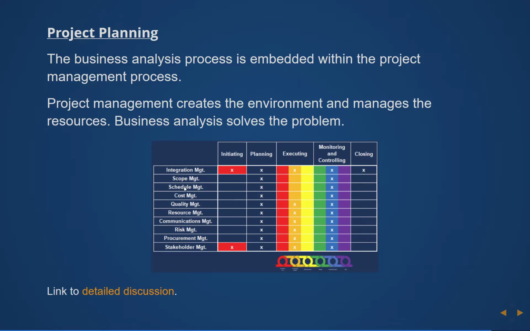BAs don't worry about schedule directly, and they don't worry about cost. They might analyze cost of the solution, but they won't have much to do with the cost of actually doing the work.